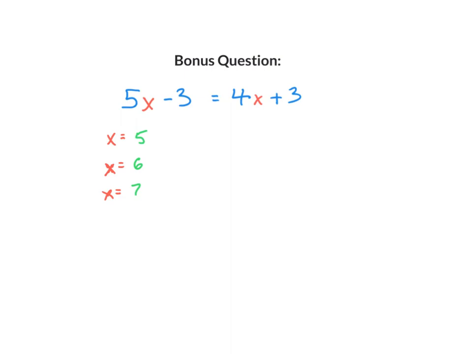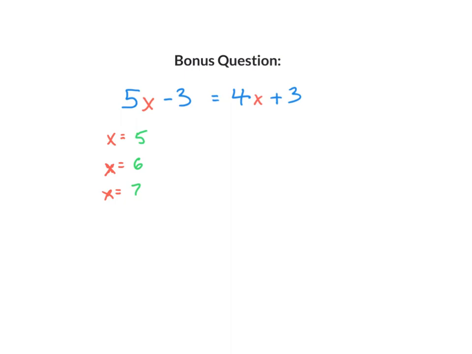All right, so here's your bonus question. We've got an equation here. 5x minus 3 equals 4x plus 3. So your challenge is to find which x will work. Because within this equation, some value of x is going to make the 5x minus 3 value equal the 4x plus 3 value.